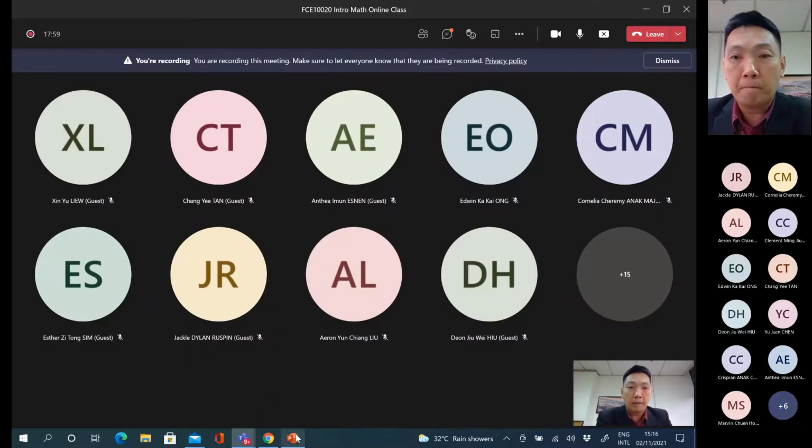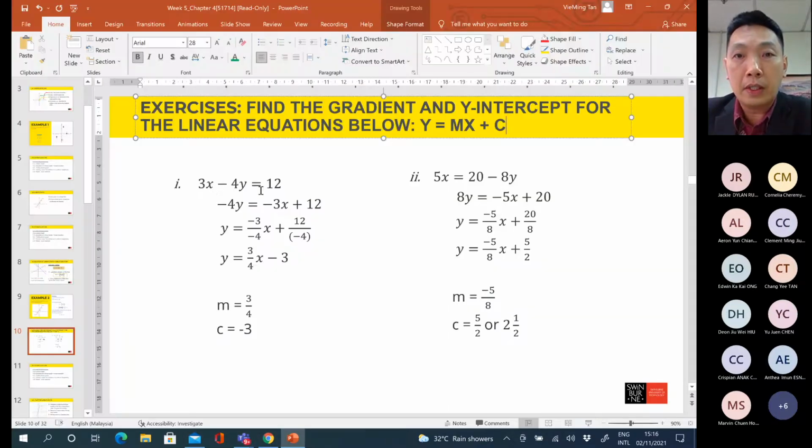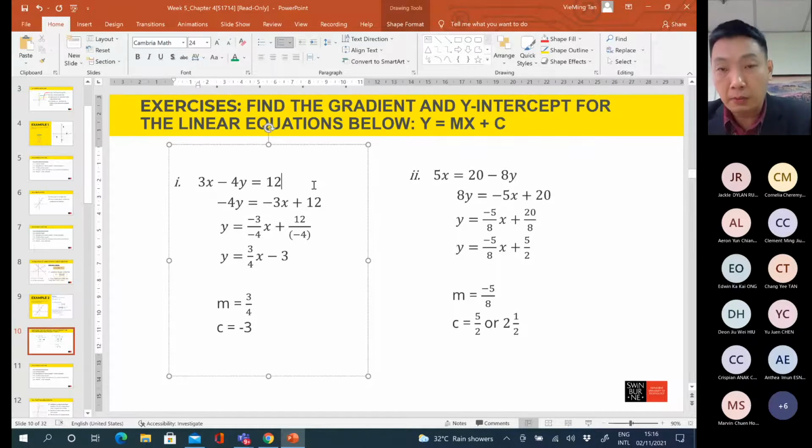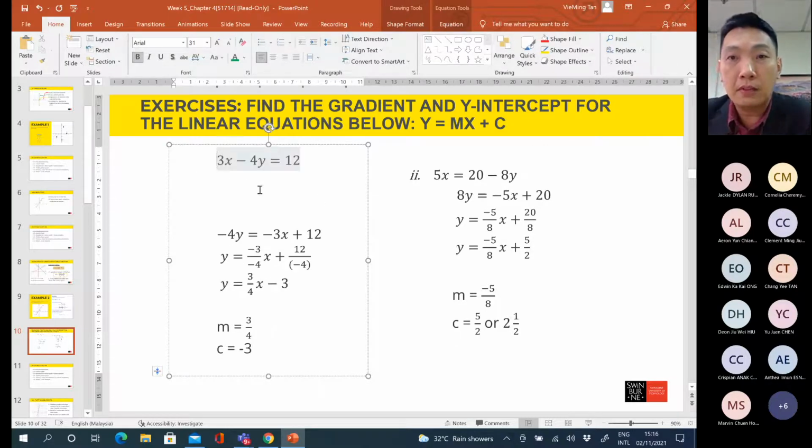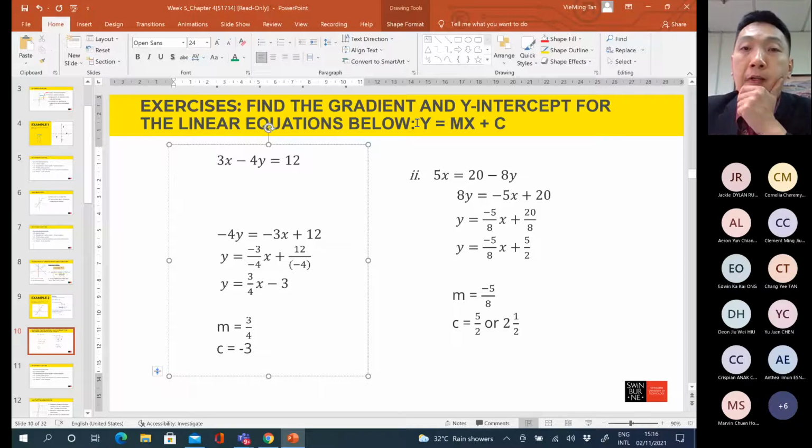All right, so let us try this example. The original equation is 3x minus 4y equals to 12. There are a few ways to transform this equation. Maybe I'll use my own way. We want to make sure that the y is on the left-hand side.